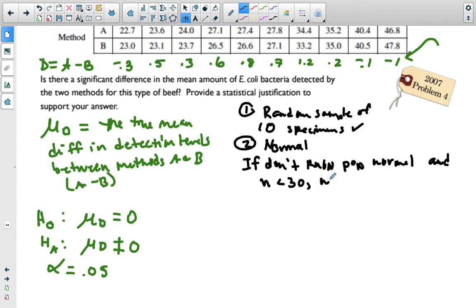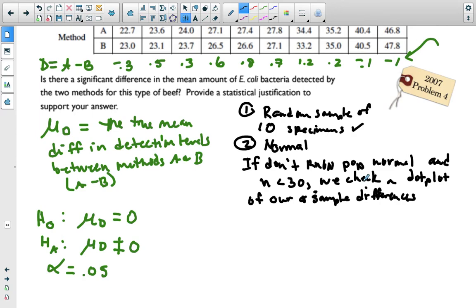We check, and you'll remember this, a dot plot of, in this case, what are we going to check a dot plot of? We're going to check a dot plot of these 10 differences we see here, of our sample differences.